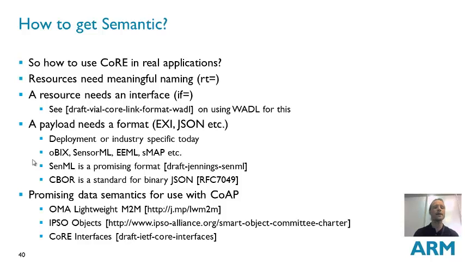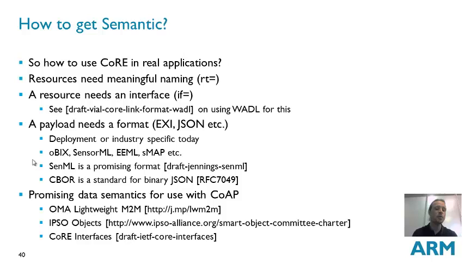Now let's go back to the semantics again. So what if you want to make a real application? What if you want to make an application that can use devices that weren't just designed in a silo? You need to be able to have meaningful names for resources. You need to define what those names could be. You need to have well-known REST interfaces for those things.